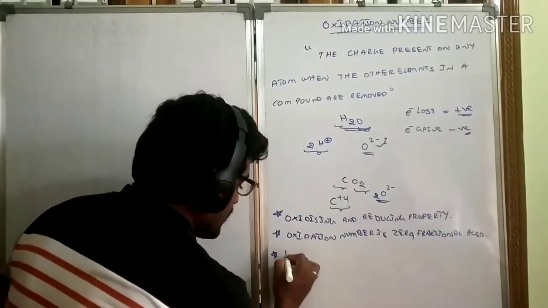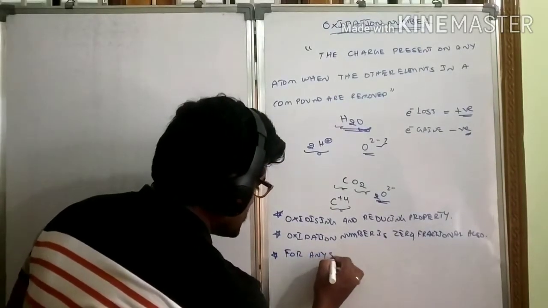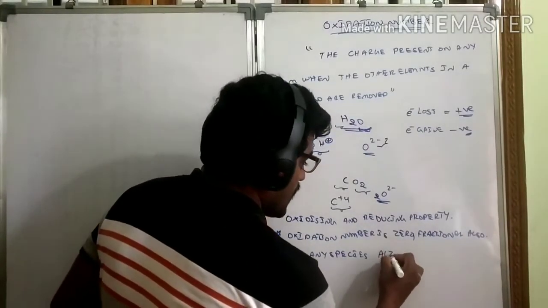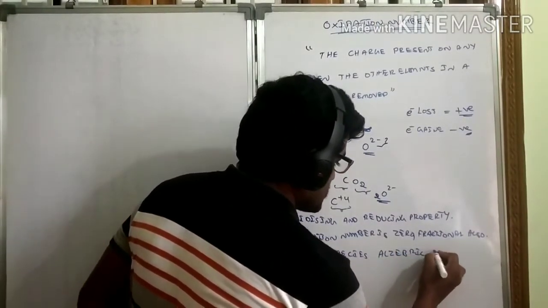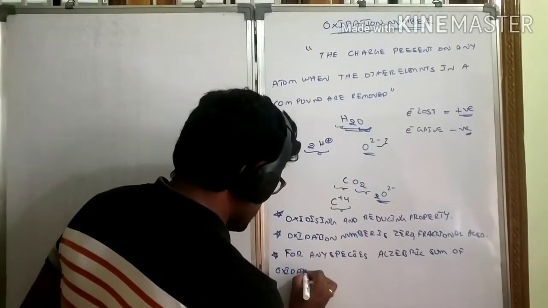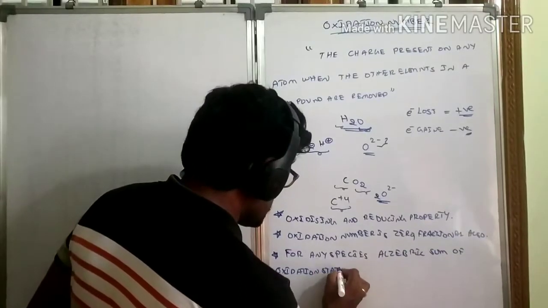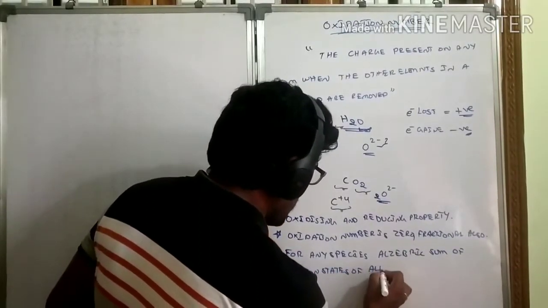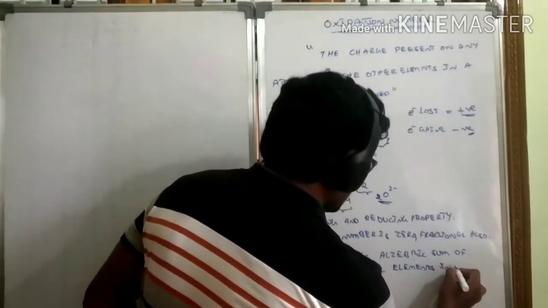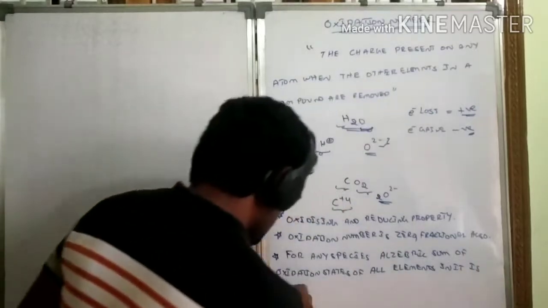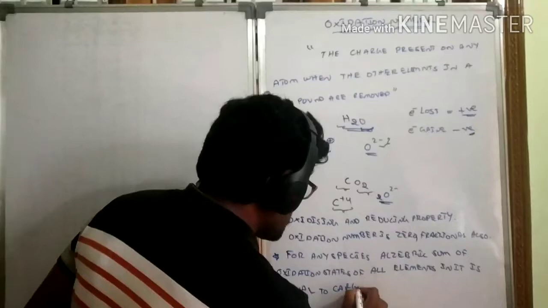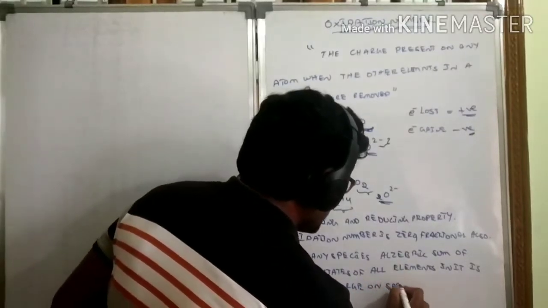Next you see, for any species, the algebraic sum of oxidation states of all elements in it is equal to the charge on the species.